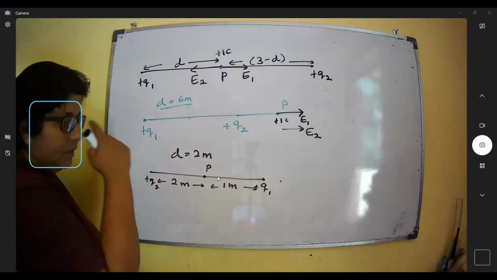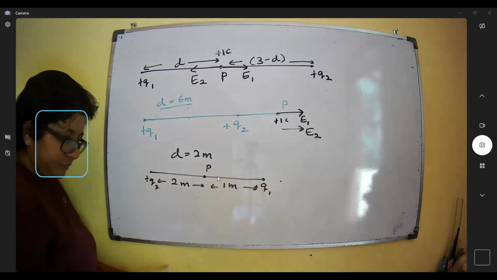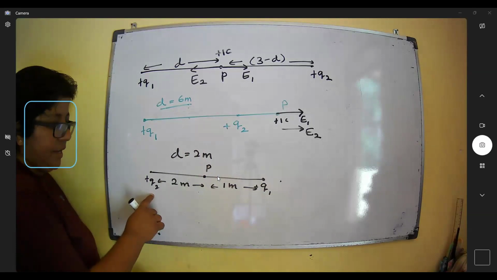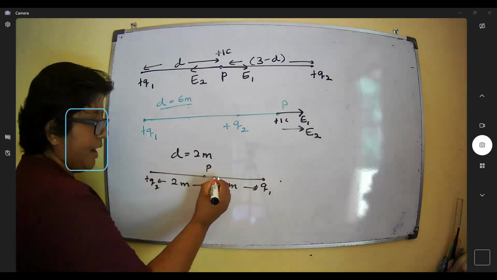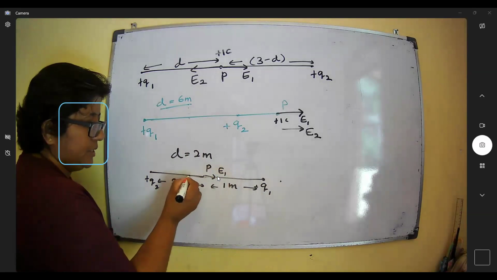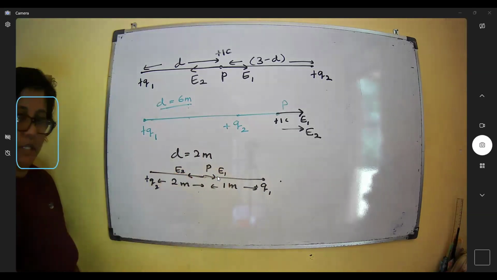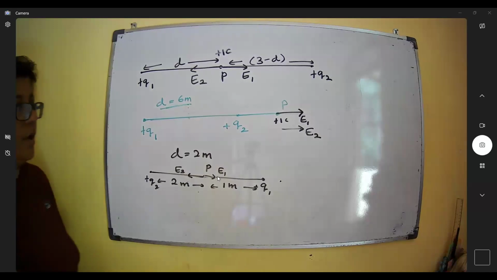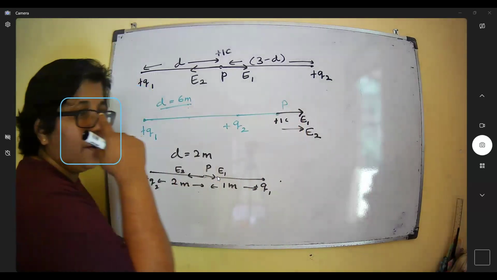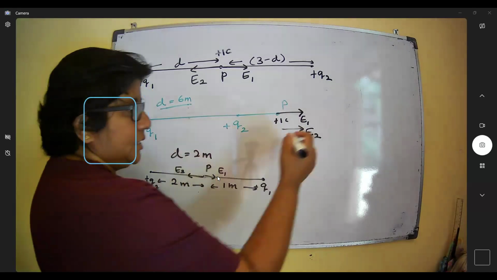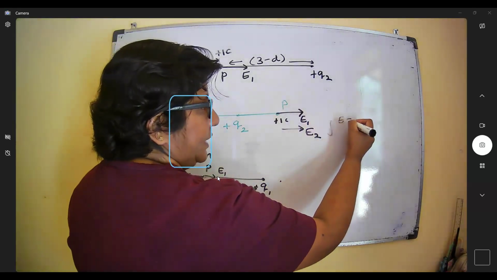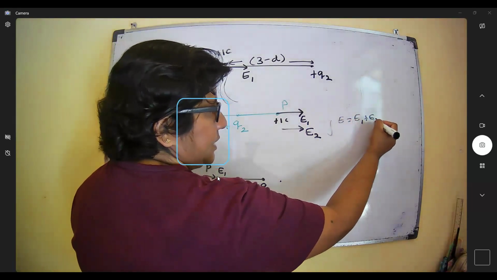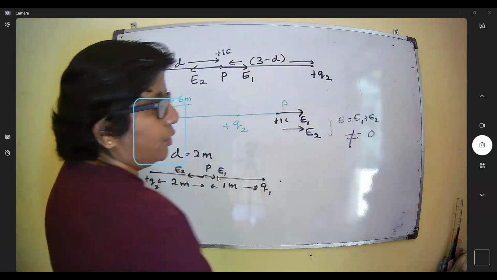Then considering the directions of the charges, E1 is in this direction and E2 is this direction. In our discussion, we found the electric field 0 point, right? What is the position? Electric field 0. But here, E1 and E2 are both in the same direction, so total electric field is equal E1 plus E2. This never becomes the 0 value.